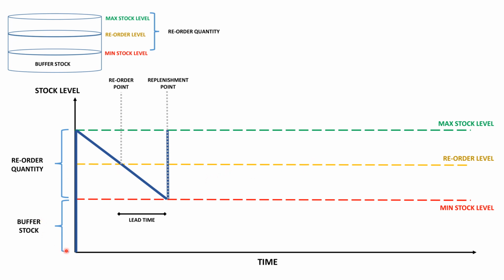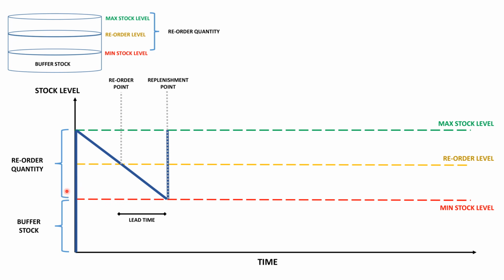Now we will look into how this particular model works. Before that, we have two quantities of materials that are very important. The lowermost we call the buffer stock, which is from the zero level to the minimum stock level.